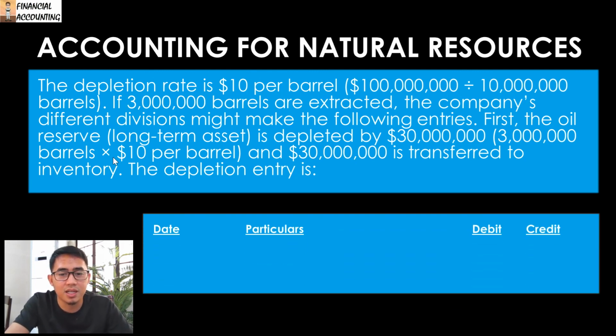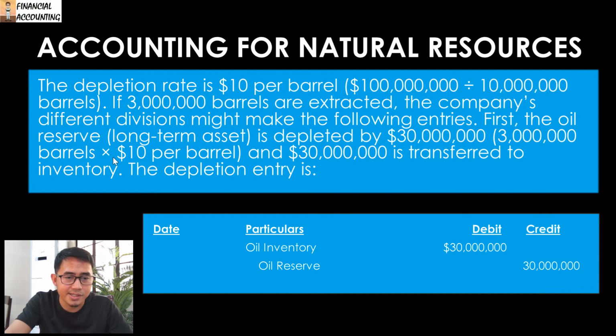So our depletion entry is we'll debit oil inventory, that's the value of the oil being extracted, and credit oil reserve of $30 million. Okay, so that is our entry. And this oil inventory will be processed by the company because the problem states that the company refines the oil and sells it afterwards.